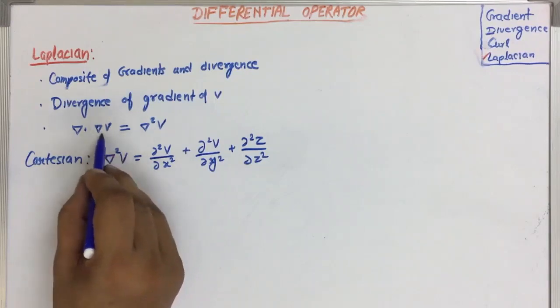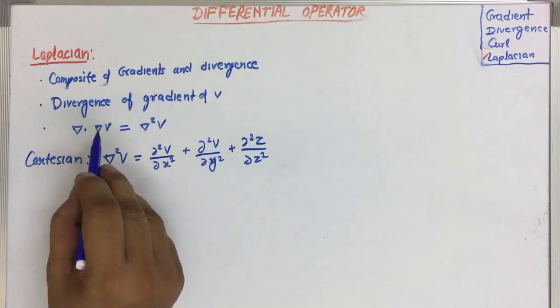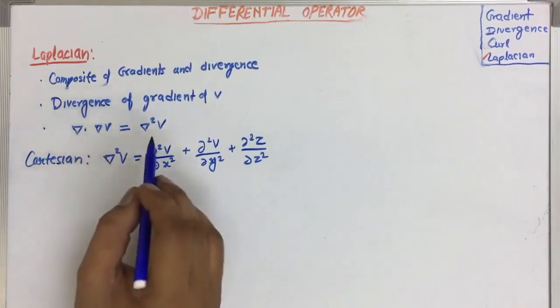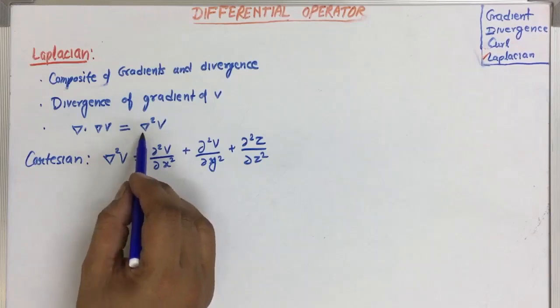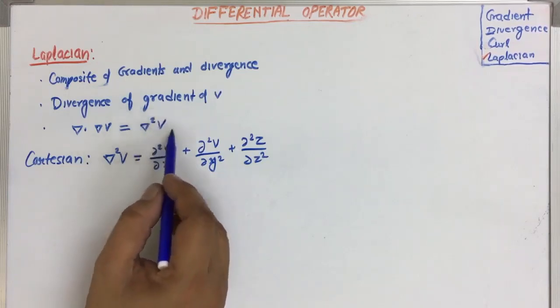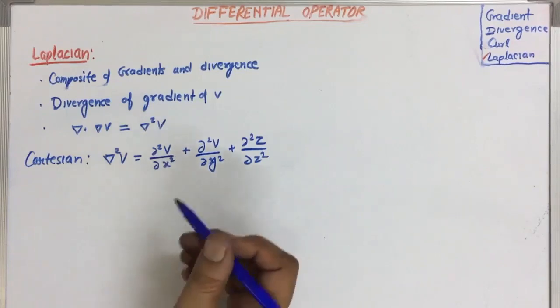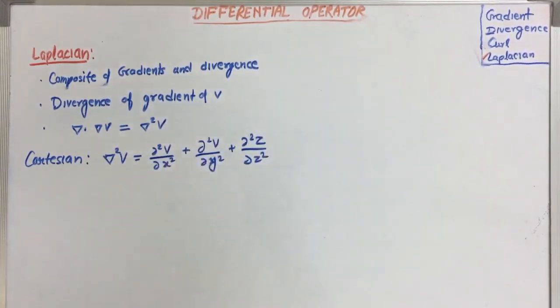The divergence of a vector will give you a scalar field. So the Laplacian of a scalar field is another scalar field.